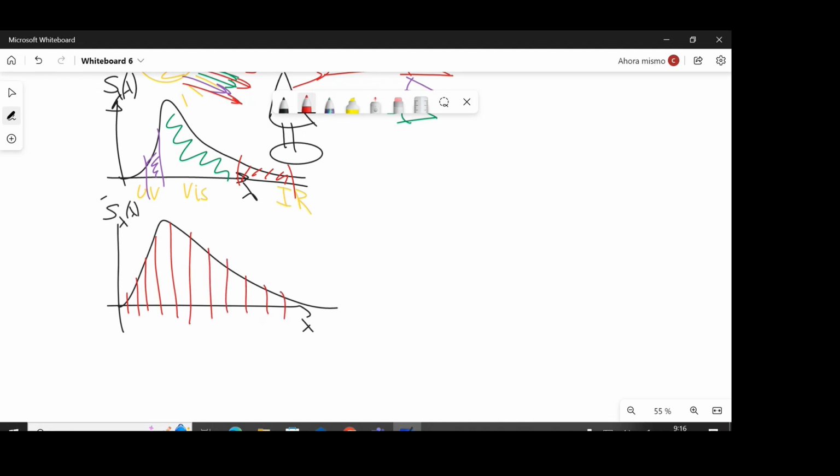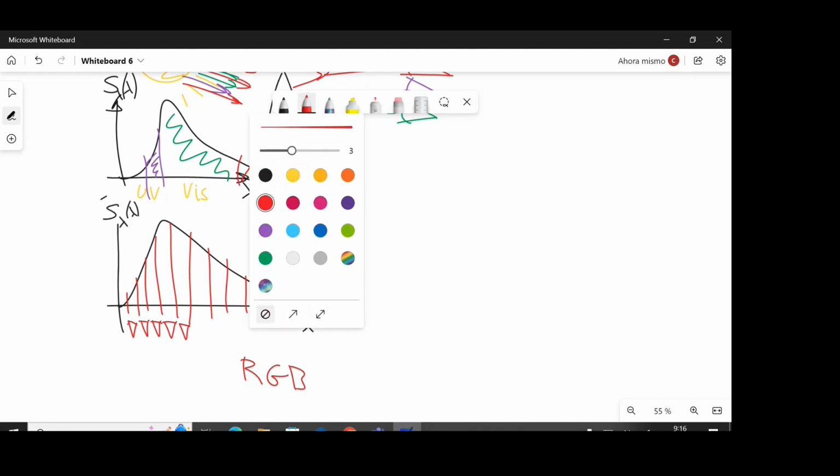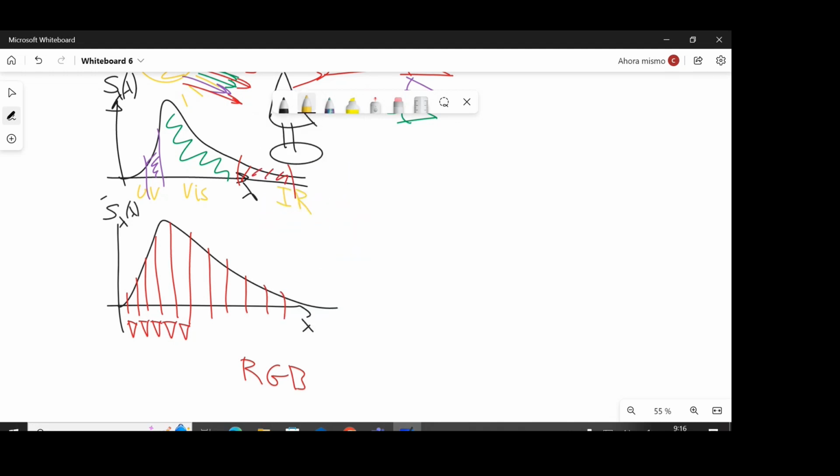So I can put different eyes, each one of these bands. So when we said yesterday, we have an RGB. What is an RGB? RGB is just choosing 3 of these bands. So we are choosing this one, this one, this one.